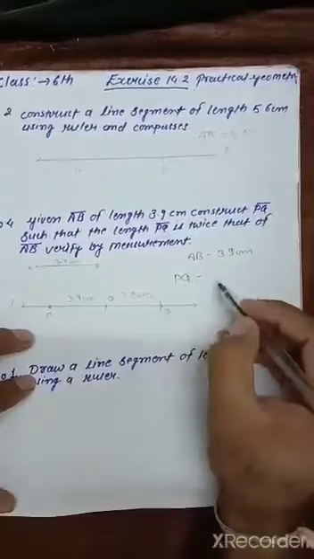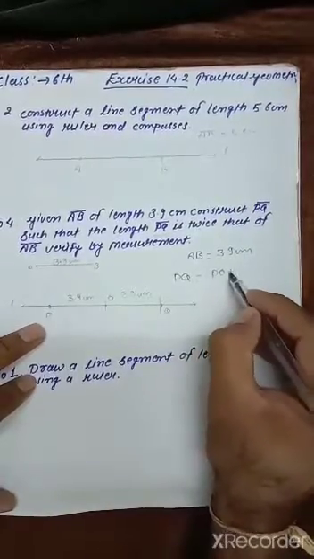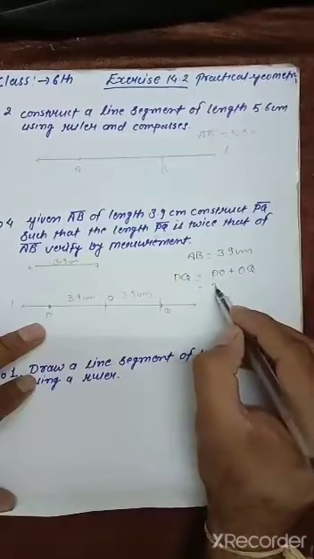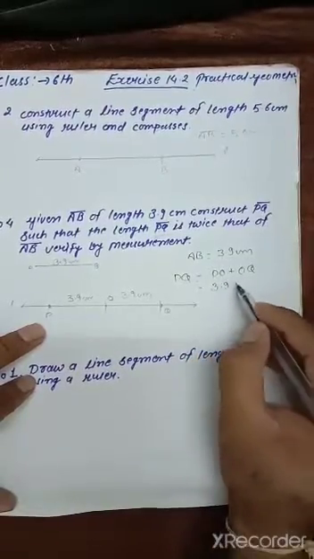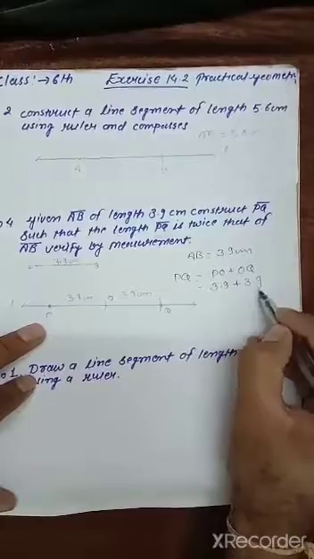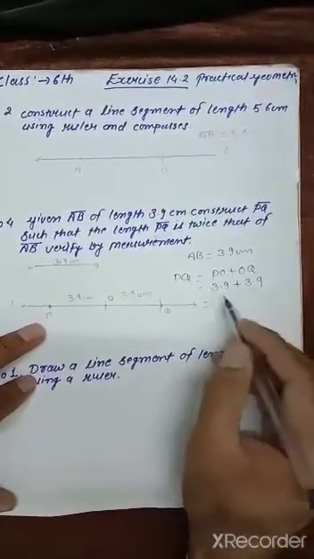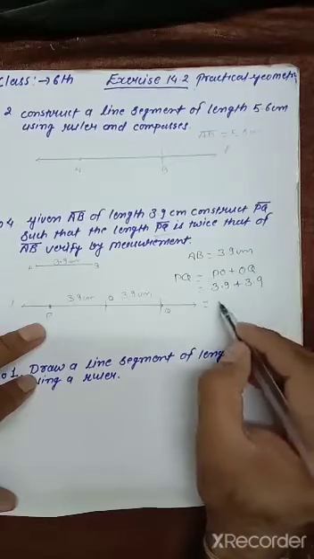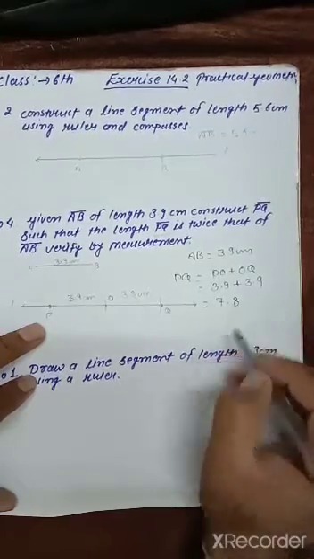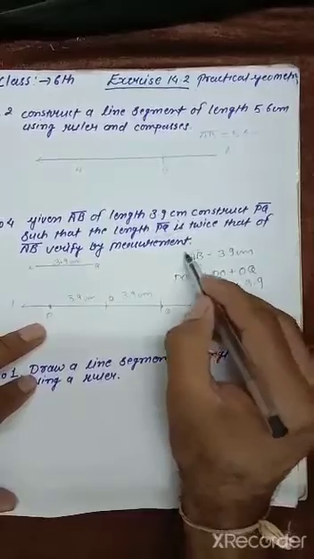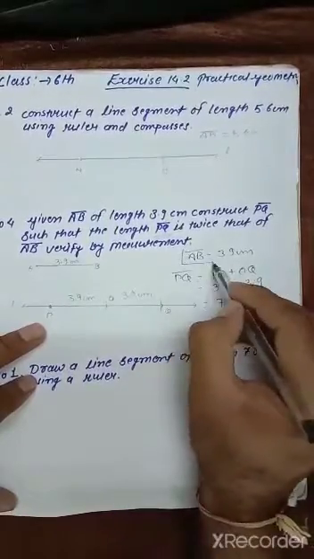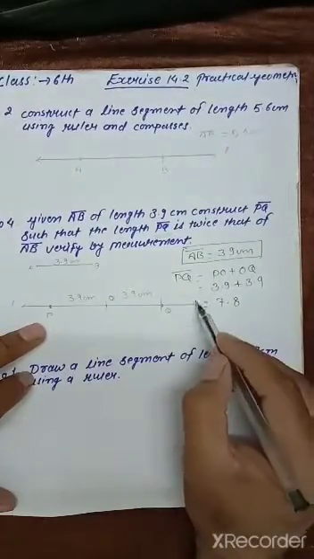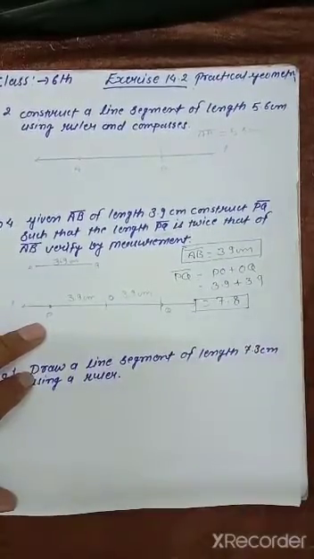PQ is equal to PO plus OQ. The value of PO is 3.9, and OQ is also 3.9. If you add both the numbers, it will be 7.8, which is twice the line segment AB. This is the verification of the measurement.